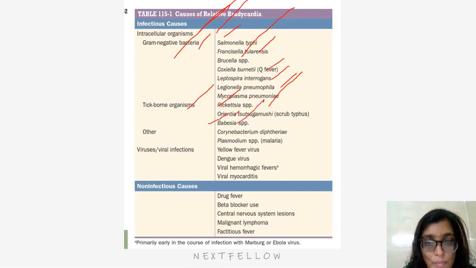Others like Corynebacterium diphtheriae, Plasmodium species. Viruses and viral infections are yellow fever virus, dengue virus, viral hemorrhagic fevers, and viral myocarditis. Non-infectious causes are drug fever, beta blocker use, central nervous system lesions, malignant lymphoma, and factitious fever.